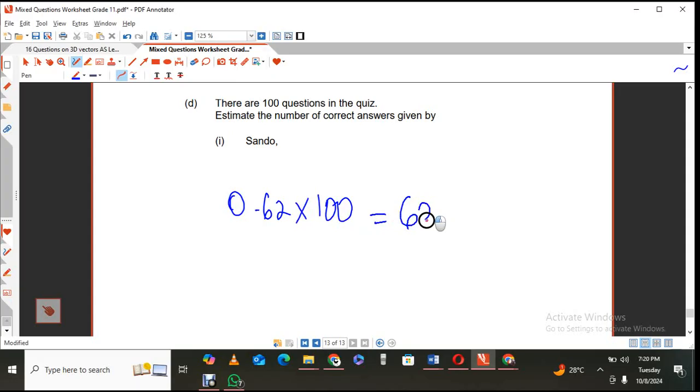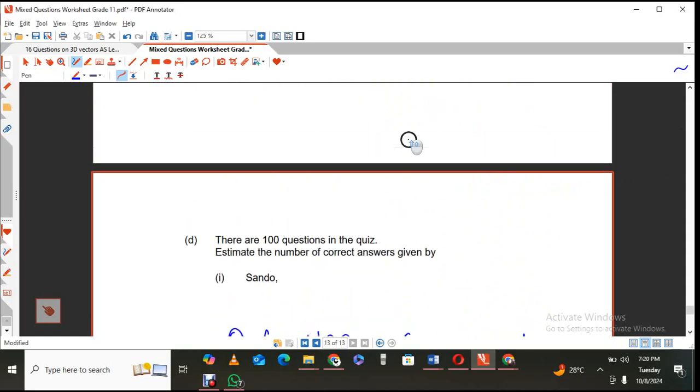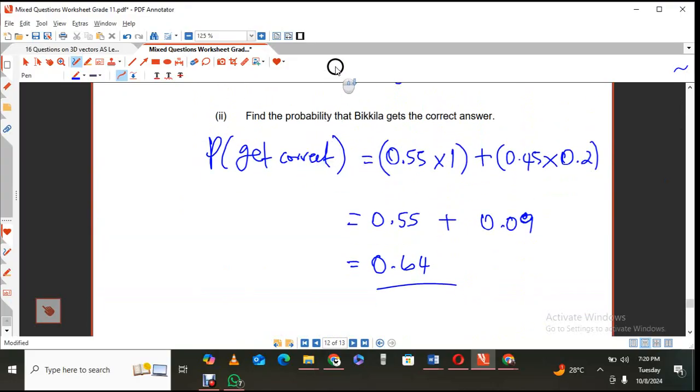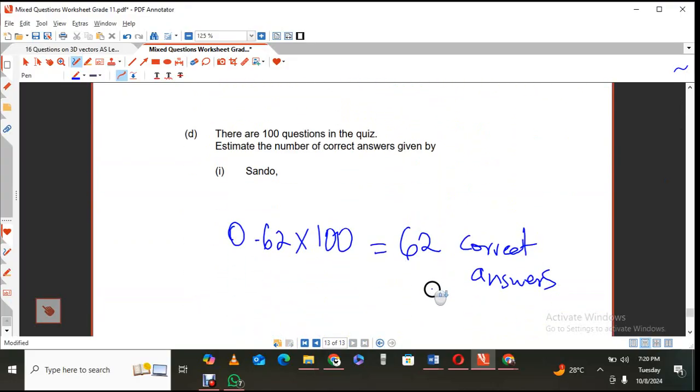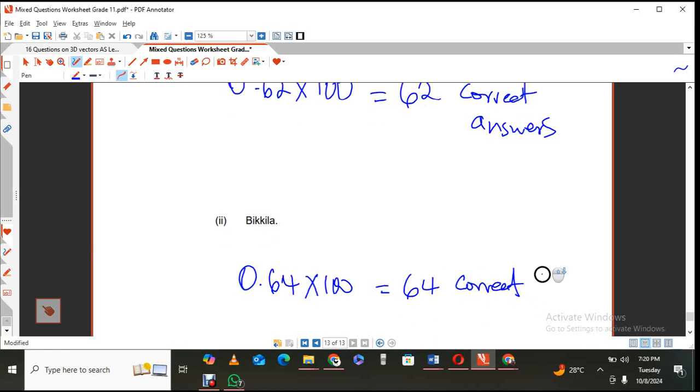Okay, so you have 62 correct answers. We do the same for Bikila. So let's see what he has correct. So it is this one, 0.64, and simply multiply 0.64 times 100, so that gives you 64 correct answers.